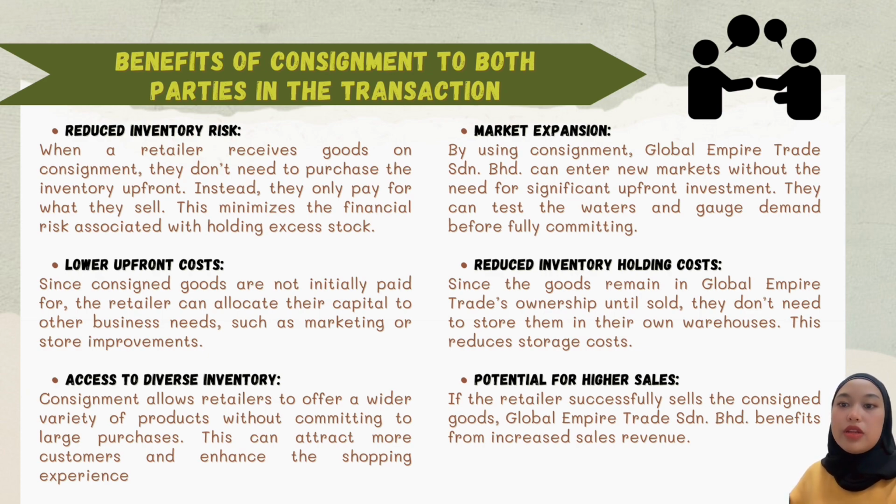The second benefit is lower upfront costs. Since consigned goods are not initially paid for, the retailer can allocate their capital to other business needs, such as marketing or store improvement. The third benefit is access to diverse inventory.